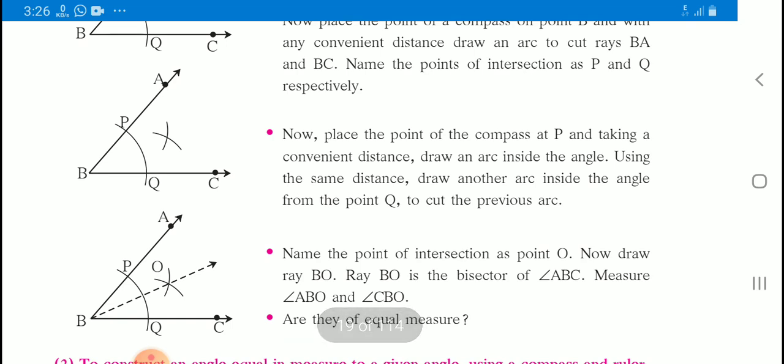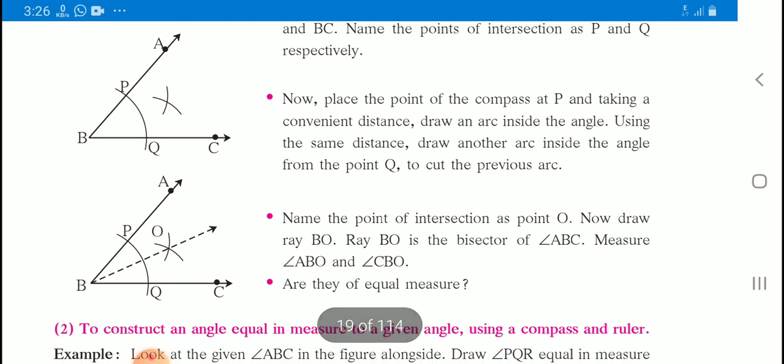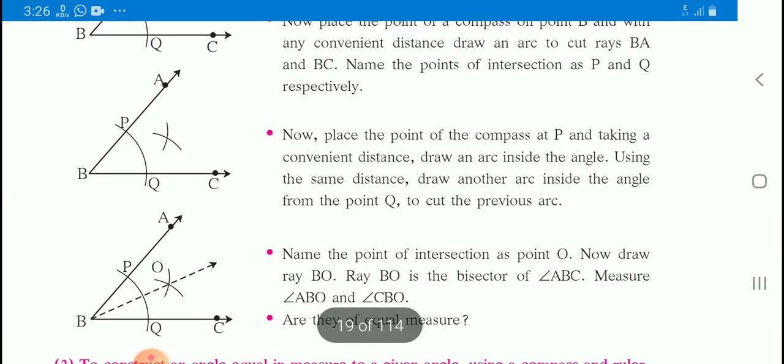Now name the point of intersection as point O. Now draw ray BO. This ray BO will pass through angle B. This is the bisector of angle ABC.